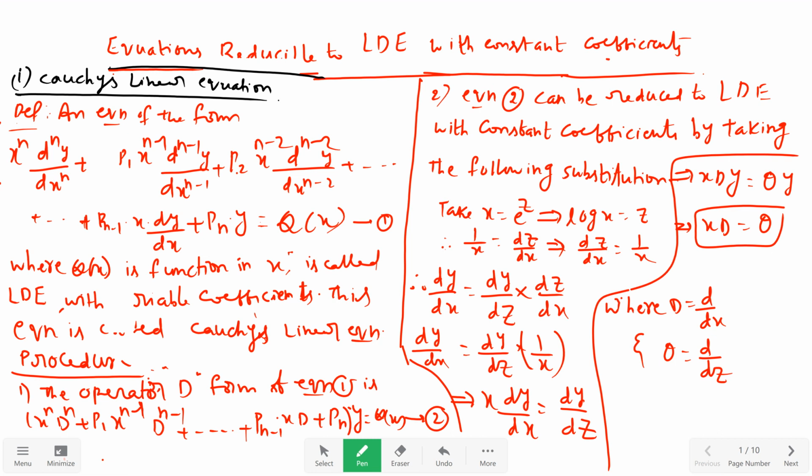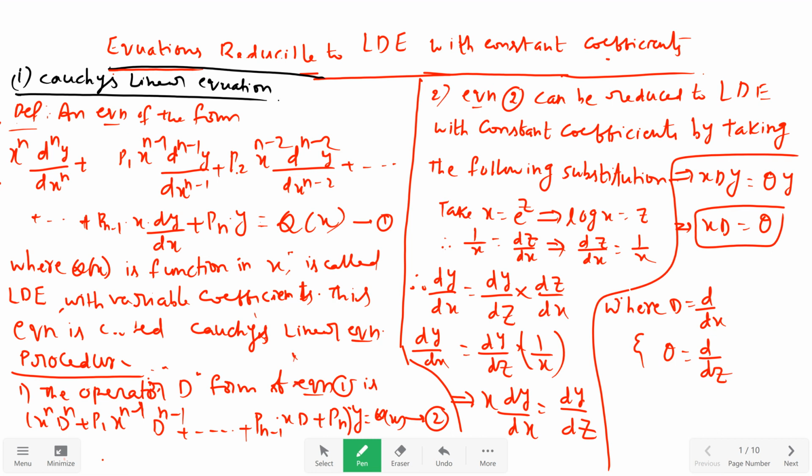In this equation, q(x) is a function of x. This equation is called a linear differential equation with variable coefficients. It is also called Cauchy's linear equation.